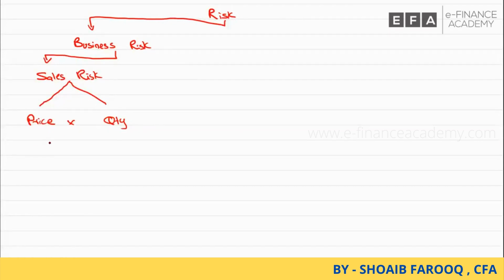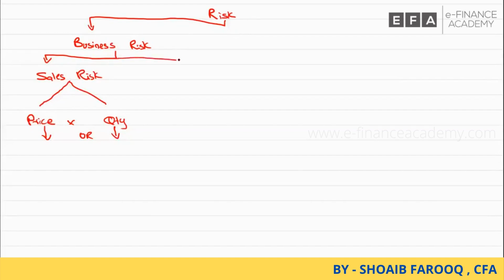If for any reason, let's suppose due to high level of competition, high threats of new entrants, or threat of substitutes, the price goes down, or the volume that the company sells goes down, this will cause the sales of the organization to decrease, and that is referred to as the sales risk.